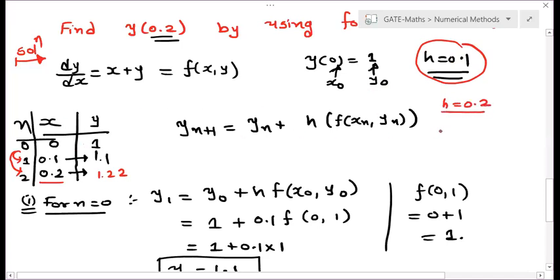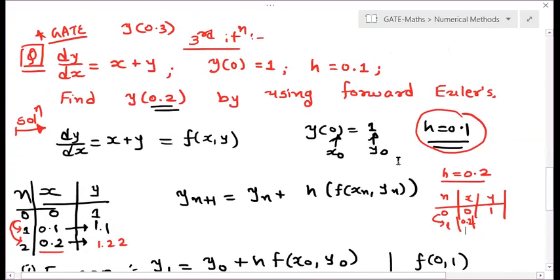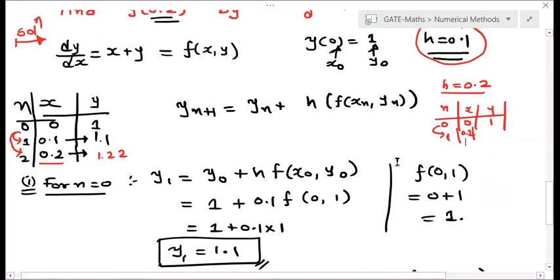If I take h equal to 0.2, I can get my answer in the first iteration only. This is x0 equal to 0, y0 equal to 1, the 0th iteration. After that, in the first iteration, I will add step size, so this will become 0.2. But the lesser the step size, the more precise the value you will get.